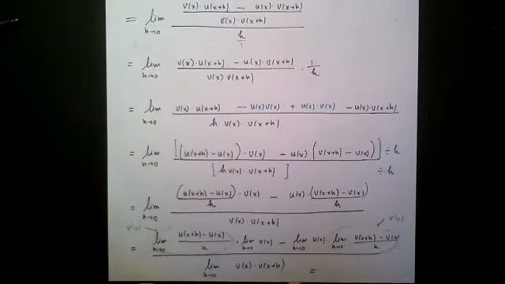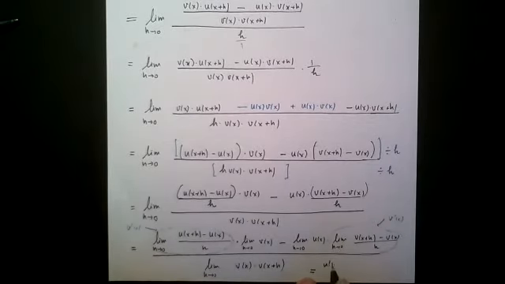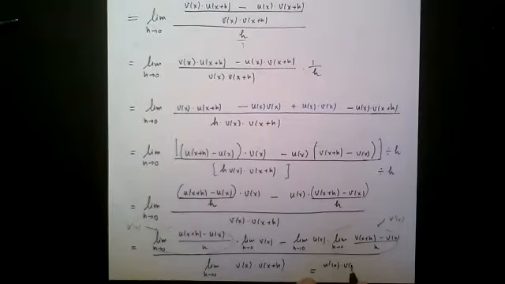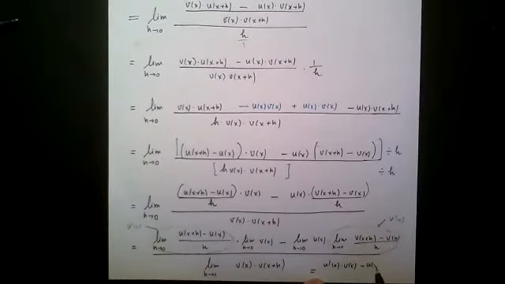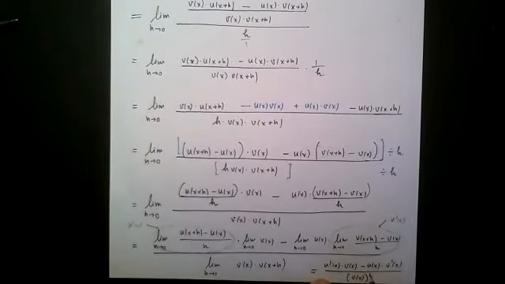It's going to be equal to u prime of x times v of x, there's no h, minus u of x times v prime of x. And on the bottom, I have v of x times v of x, which is v of x squared. And that completes the proof. That's exactly what we wanted to show.